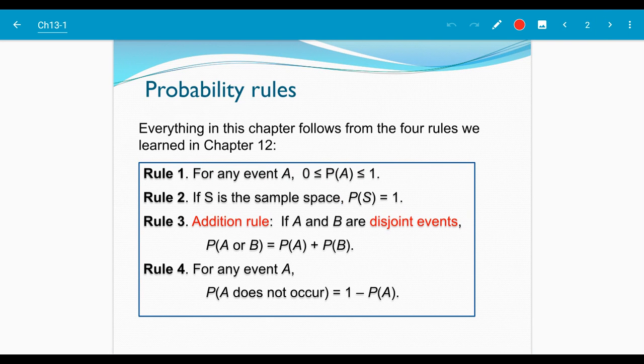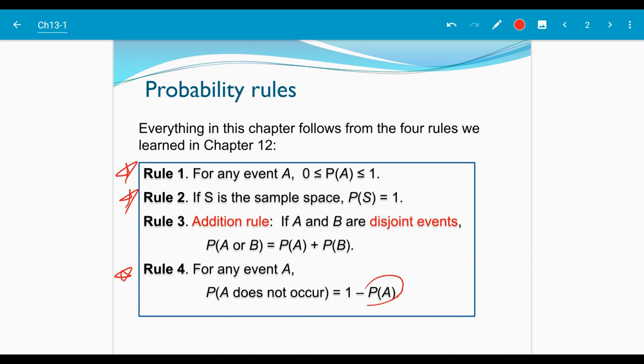So here are our 4 rules that we had started with on Monday. And we had said that 3 of these rules were actually all kind of the same thing, saying that everything that's possible needs to add up to 1 or 100%. And we used that 4th rule as a complementary probability: if something does not happen, we can subtract the probability that it does happen from 1 and get that resulting outcome.